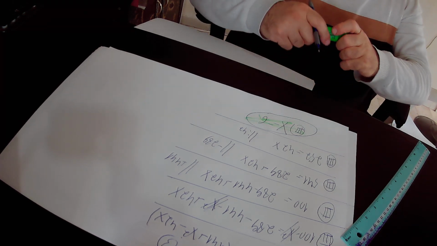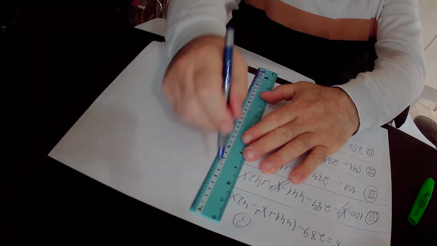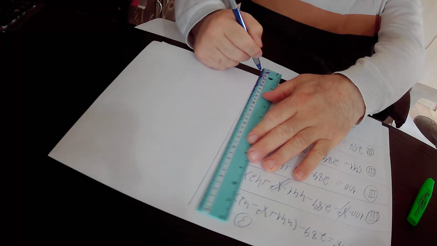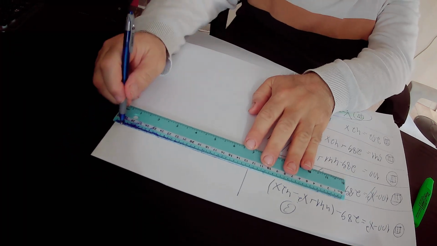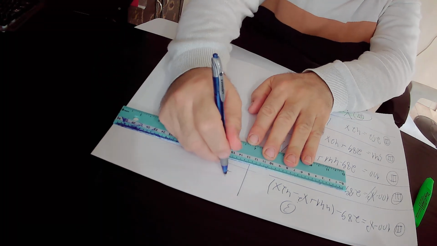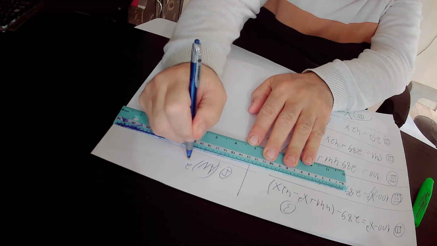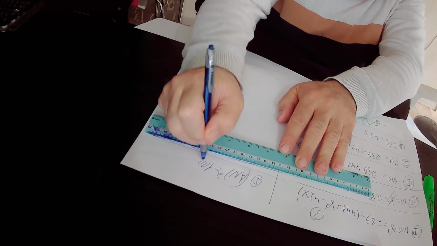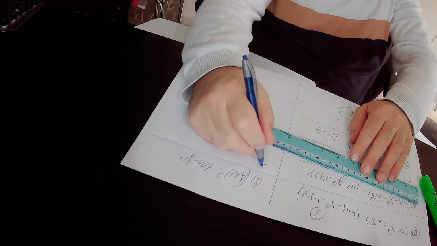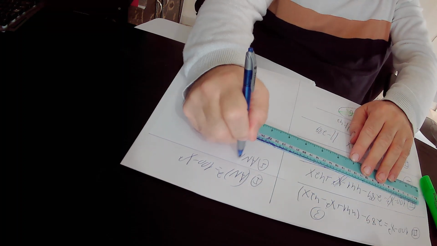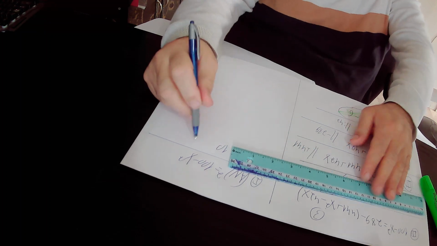In the next step, we return to equation 1. According to equation 1, we found out that AN squared equals 100 minus x squared.